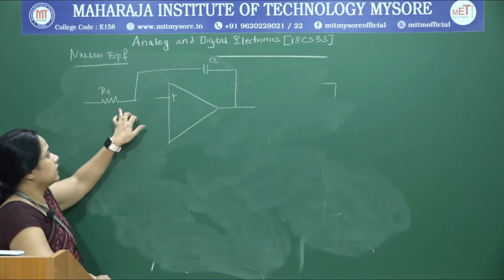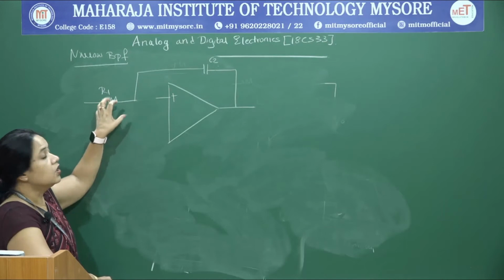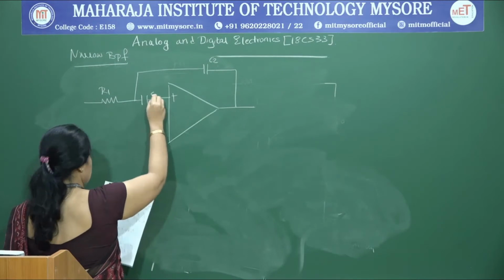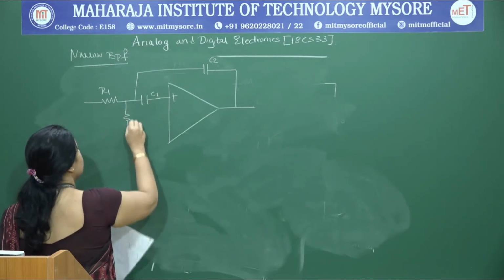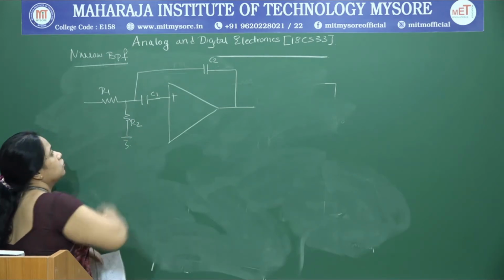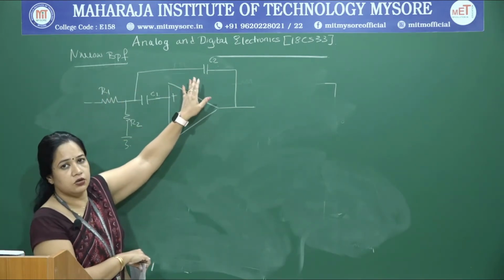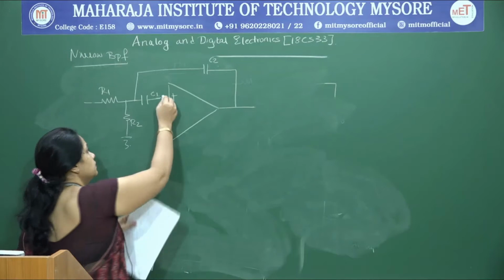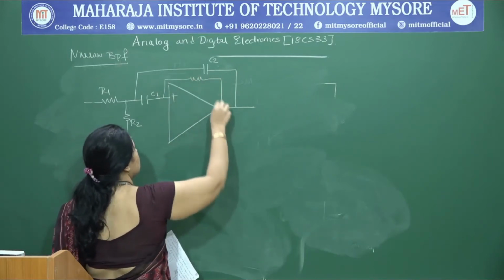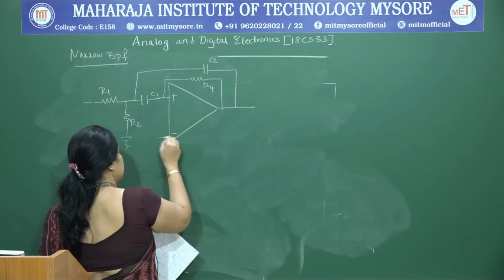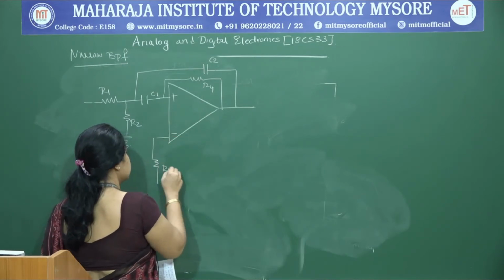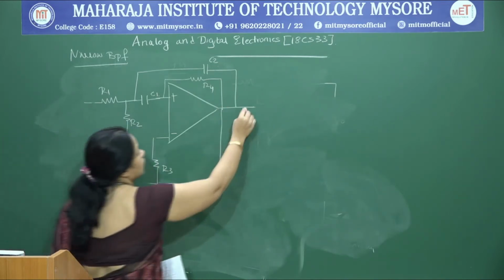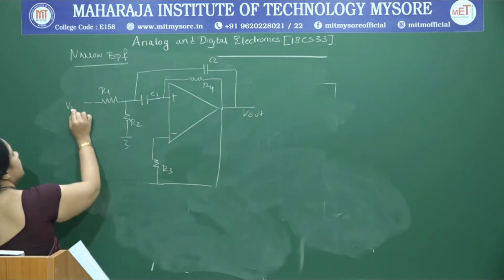So resistance R1 in series and capacitance C2 in parallel forms the low pass filter section, and capacitance C1 in series and resistance R2 forms the high pass section. So we have R1 C2 which forms the low pass filter section, C1 R2 which forms the high pass section. Along with this, we just insert resistance R4, and because you need negative feedback, I connect resistance R3 in the feedback circuit. So this is how your narrow band pass filter looks like.